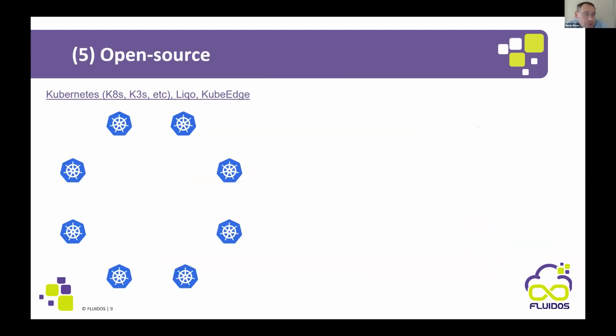The last pillar that we have is open source. So everything is open, starting from our foundation technology, which is, as I mentioned before, Kubernetes in different flavors, by the way. So Kubernetes Vanilla, Kubernetes OpenShift, Kubernetes from Rancher K3s, KubeEdge. When we go to the very edge, Kubernetes is too heavy, so we leverage KubeEdge.